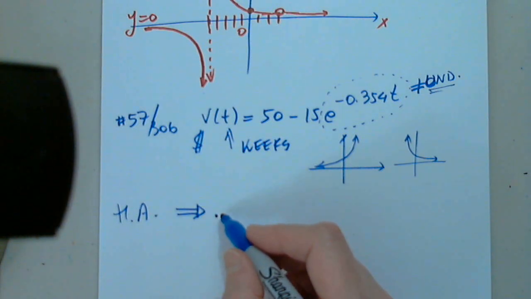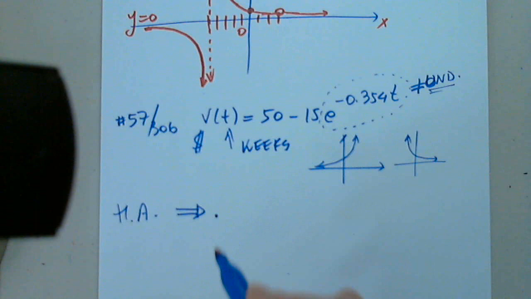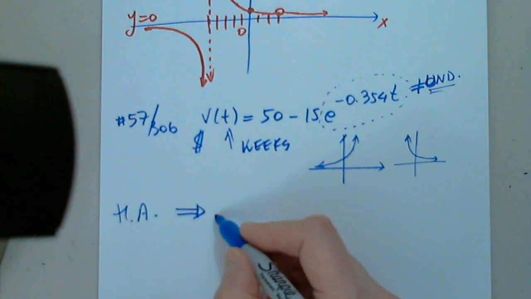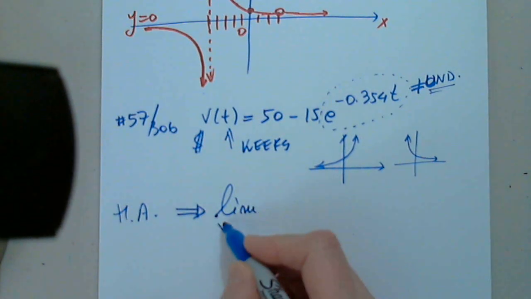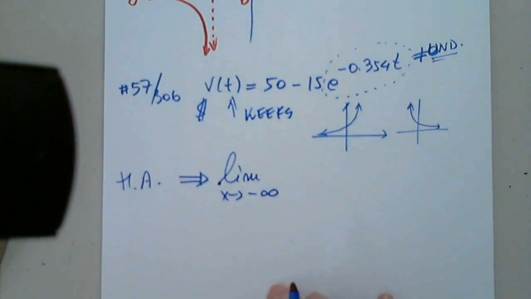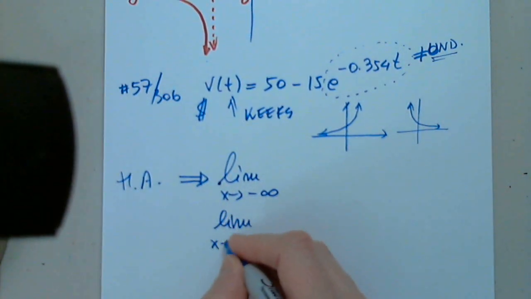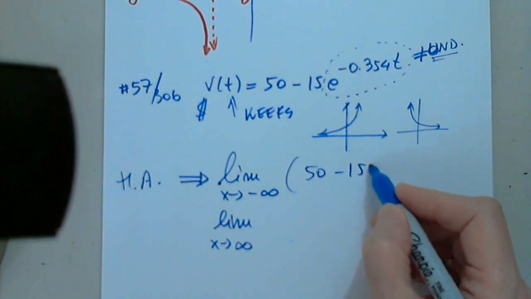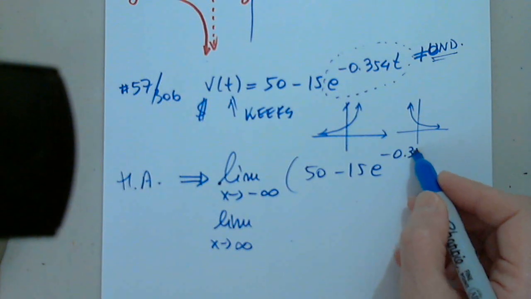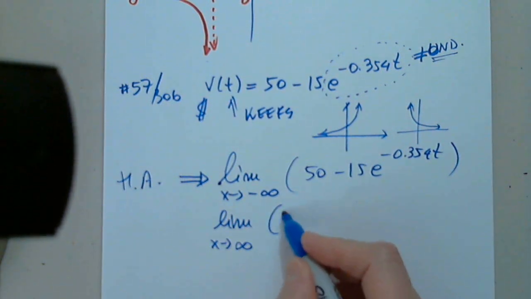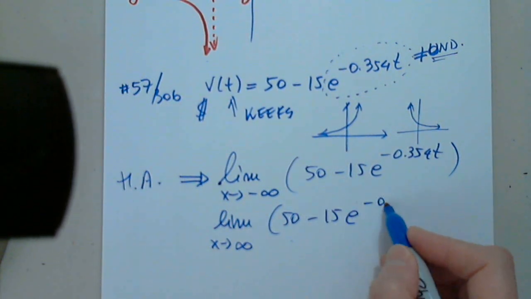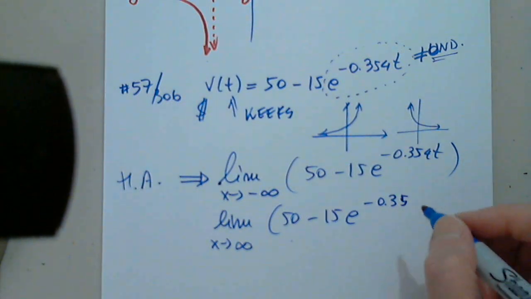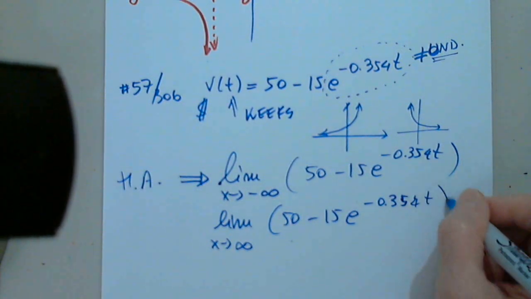Anyone? The limit? Yes. The limit as x approaches negative infinity, and the limit as x approaches infinity. Awesome. 50 minus 15e to negative 0.354t, and 50 minus 15e to negative 0.354t. Yes, indeed.